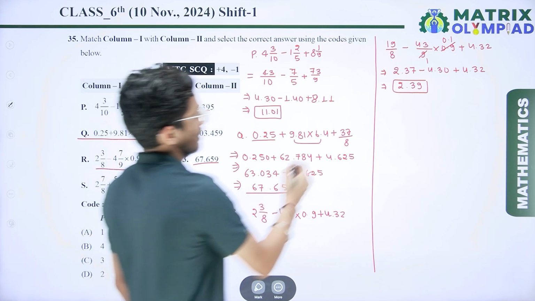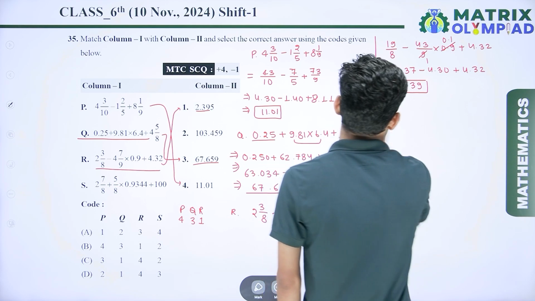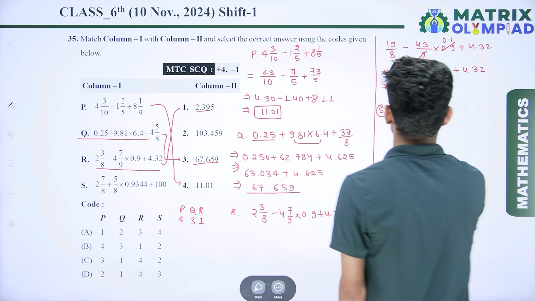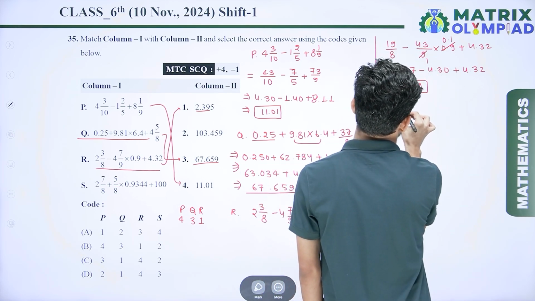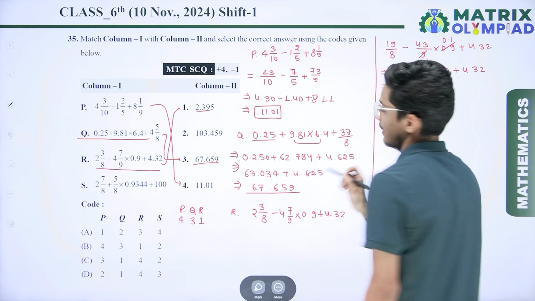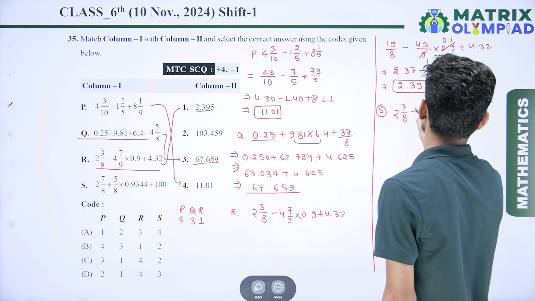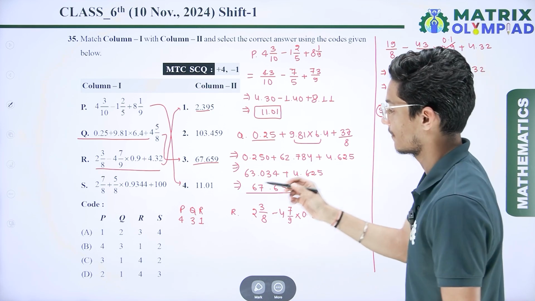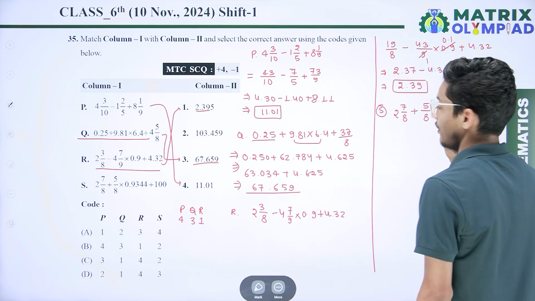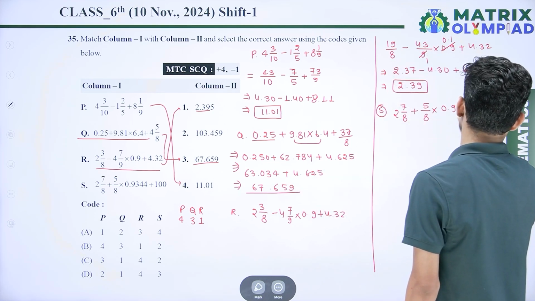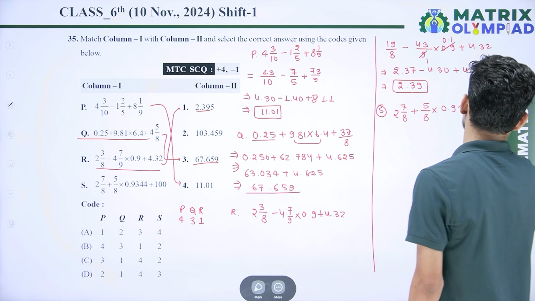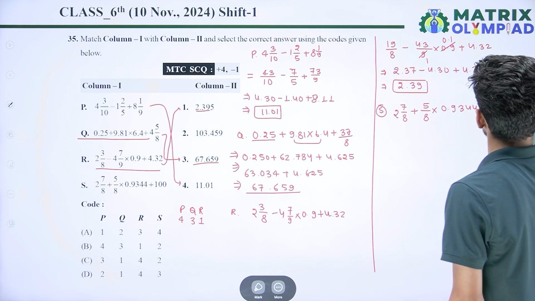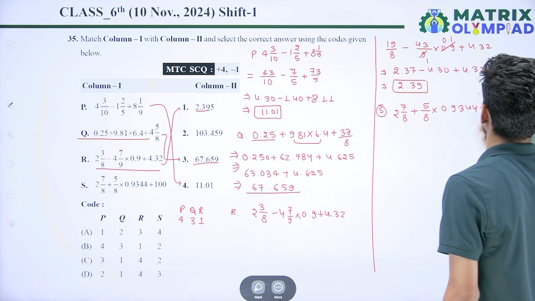Now the last one, that is S. The S we have given is 2 and 7/8 plus 5/8 multiplied by 0.9344 and plus 100.